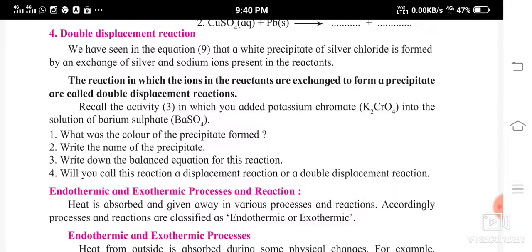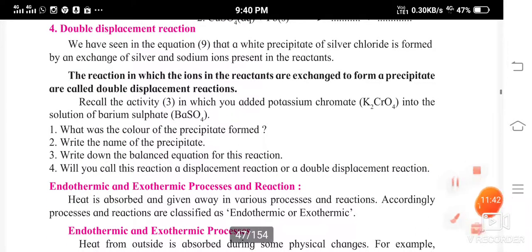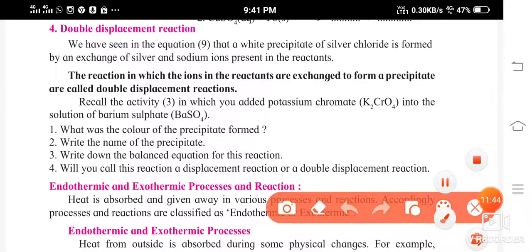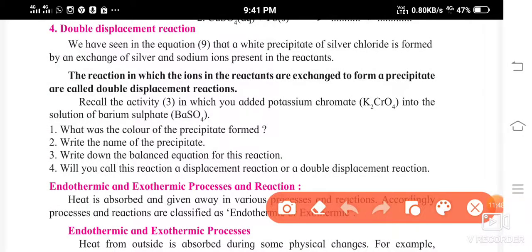Now write down the balanced equation for this reaction. You will have to write down the balanced equation. I'll show you. Wait.